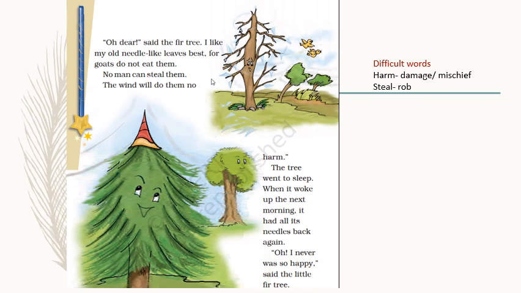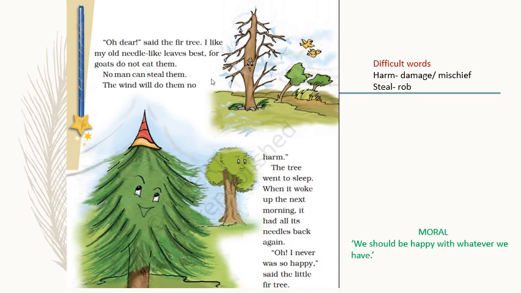Can you tell me the moral of the story? So, the moral of the story is we should be happy with whatever we have. So, we should always be happy with whatever we have. Like, suppose your friend has a big pencil, or your friend has a beautiful notebook.